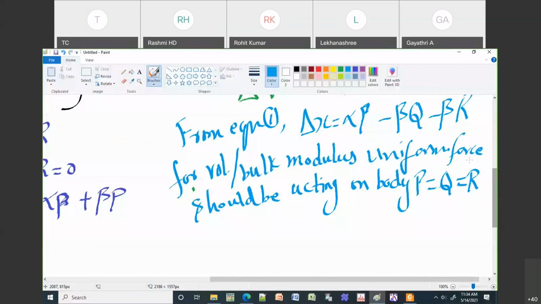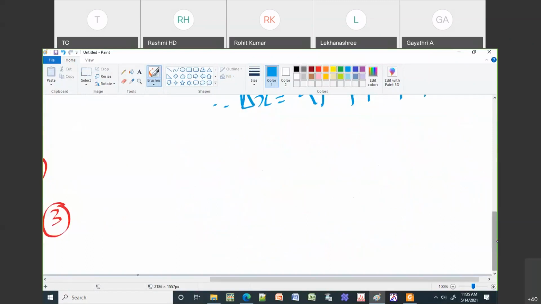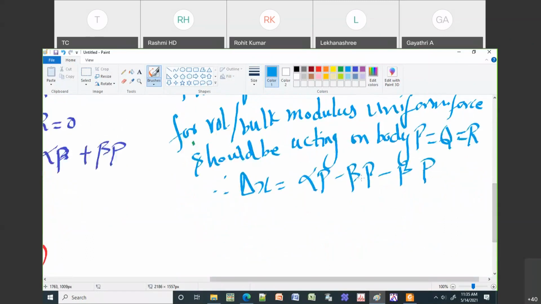So in that case, what will happen to your delta X? Therefore, delta X will be alpha times P minus beta times P minus beta times P, because I'm substituting P is equal to Q is equal to R, so Q and R are equal to P. In both of these it is beta P plus beta P, so it will be 2 times beta P. So delta X is alpha P minus 2 times beta P, or I will take P common.